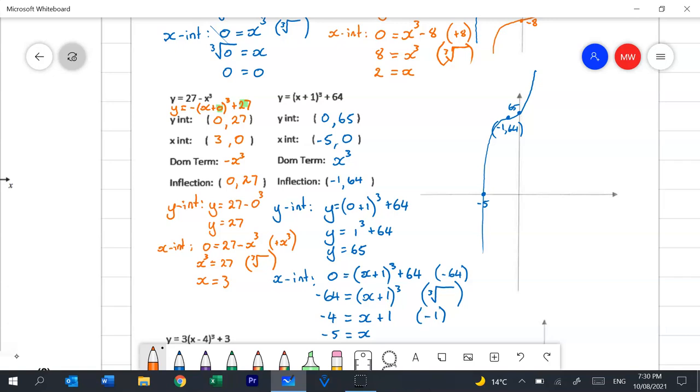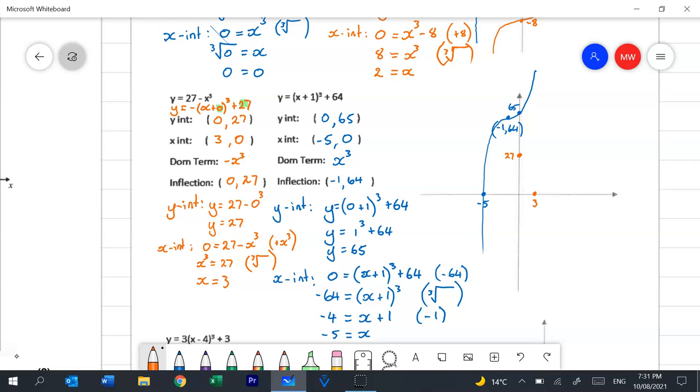So I've got a y-intercept somewhere about here, 27. I've got an x-intercept here at 3. And I've got a point of inflection which happens to be on my y-intercept, which is 0, 27 as well.